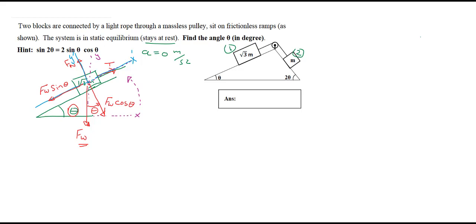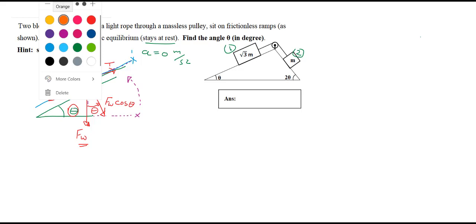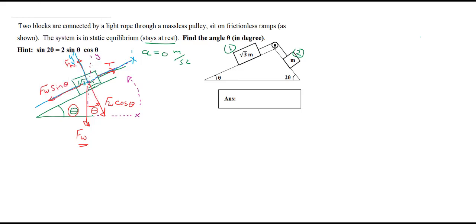But what is important? Let me just put a circle on this one. What about FW cosine theta and Fn? Normally, we don't care about them.